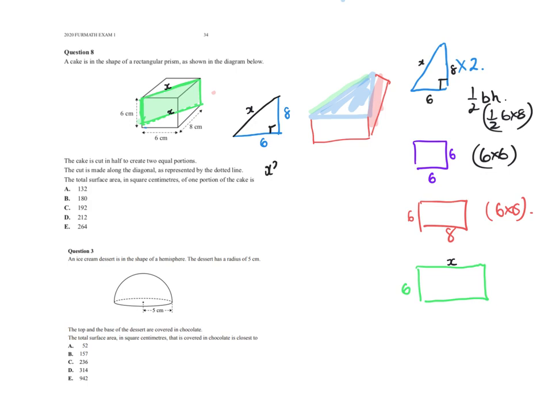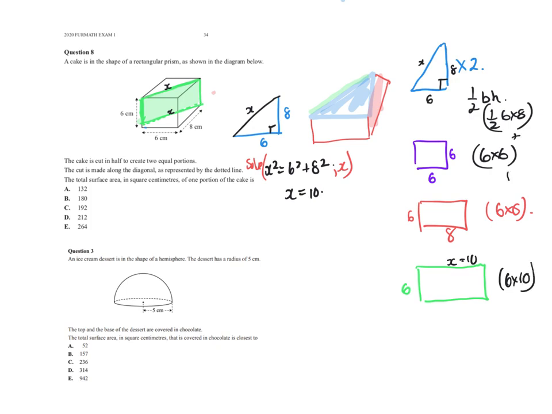So I can say X squared equals 6 squared plus 8 squared, and I can solve for X, and we get X to be 10, so that's nice. So then this area, finally we can work that out, would be 6 times 10.